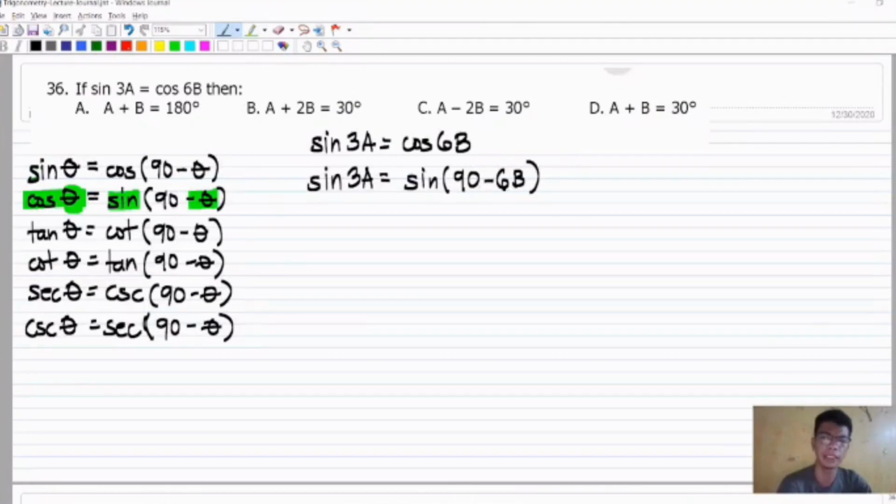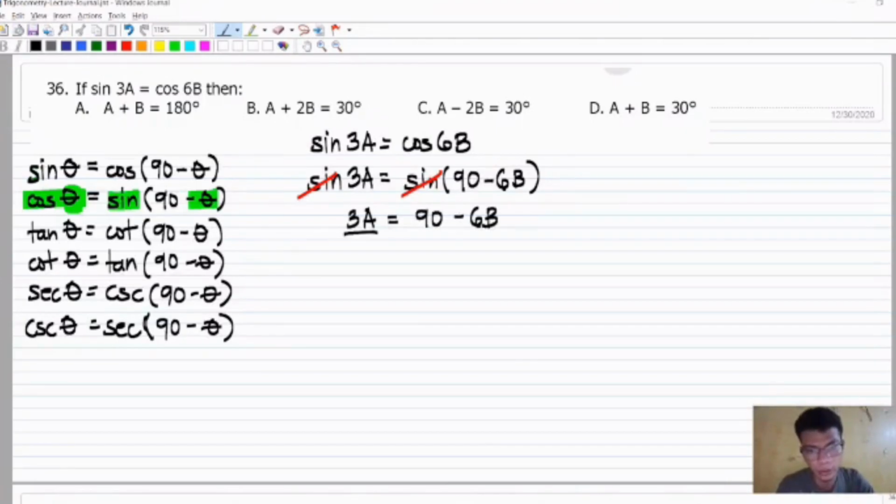So, shortcutin na lang natin na yung sine ay mag-cancel. Pero by explanation, di ba, kung meron tayong isang sine na quantity sa kaliwa, and then isang sine na quantity sa kanan, and sinasabi dyan na equal sila, ibig sabihin, equal yung nasa loob nila. Kaya equal si 3a, tsaka yung 90 minus 6b.